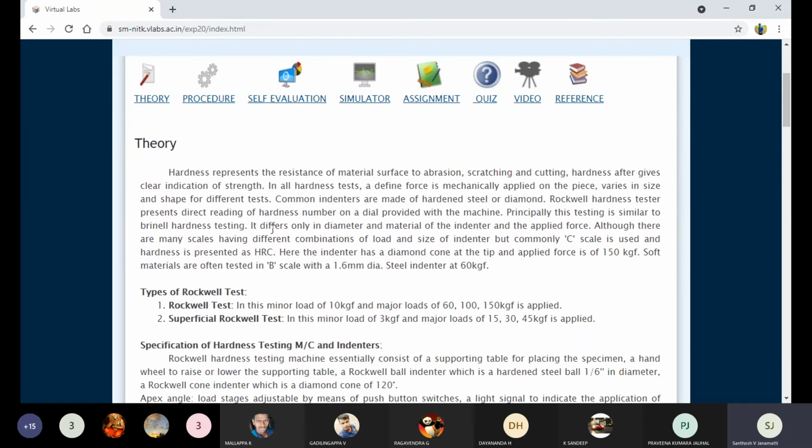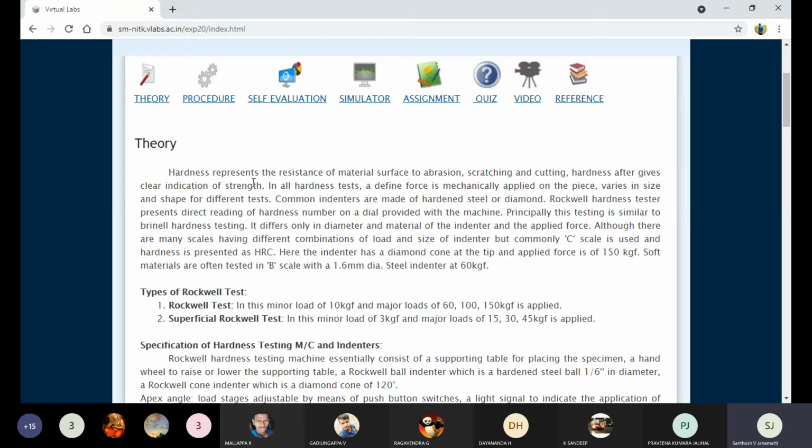See, hardness represents the resistance of a material surface to abrasion, scratching, cutting, or giving a clear indentation. Simple definition: hardness is the ability of the material to resist indentation or penetration. Am I right?